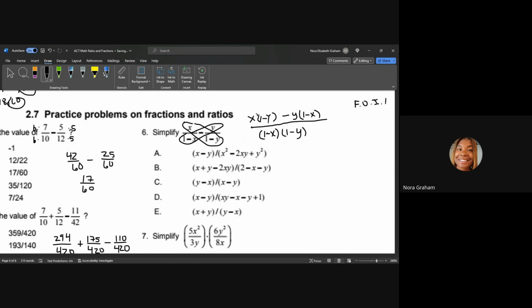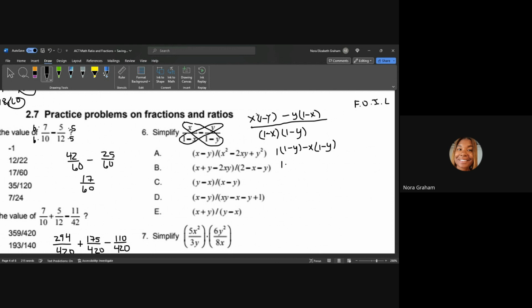How I FOIL is I take my first term, multiply it by all of my second binomial, and then take my second term, which is minus x, and multiply it by all of my second binomial. I know some people FOIL a different way, but that's fine, as long as you come up with the same answer.